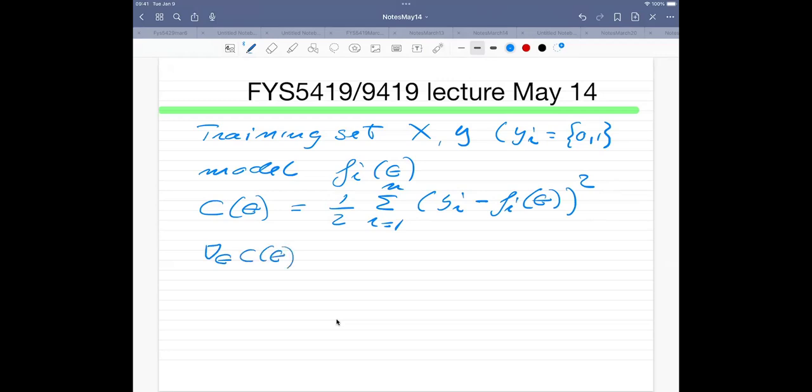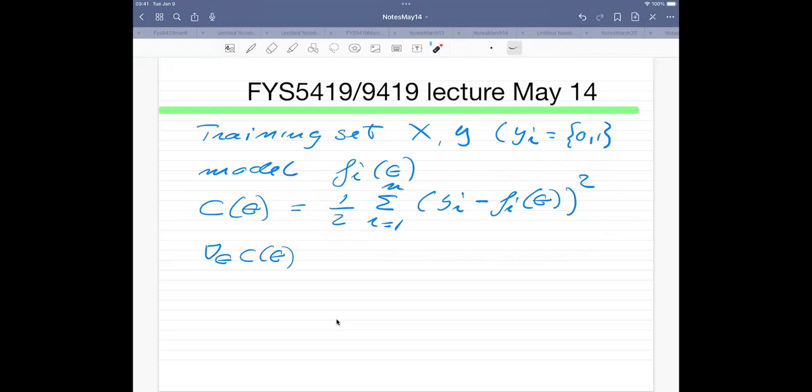Oh, I should say, this is a good point, actually. So you often define this just as a function which gauges the quality of your model. And if you put a 1/2 here, when you take the derivative, you get rid of the factor of 2.